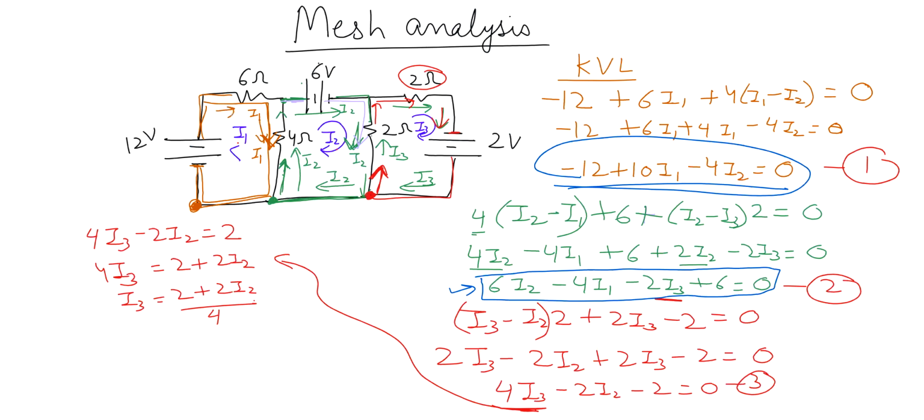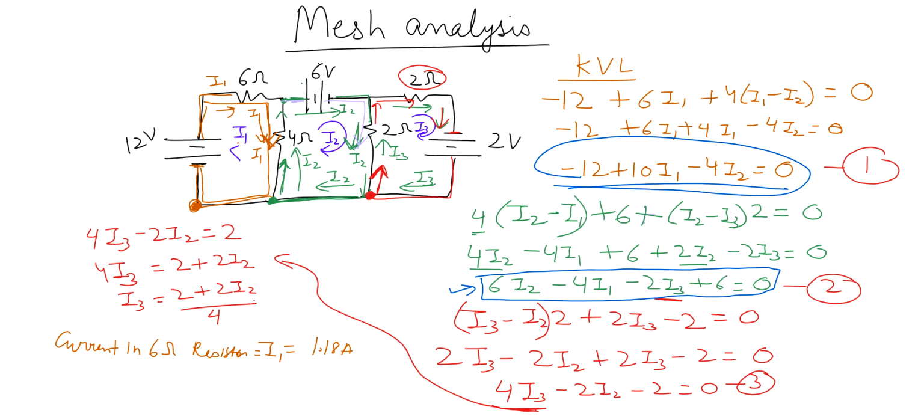So I can say that in 6 ohm resistor, current is equal to I1, that we found as 1.18 ampere.